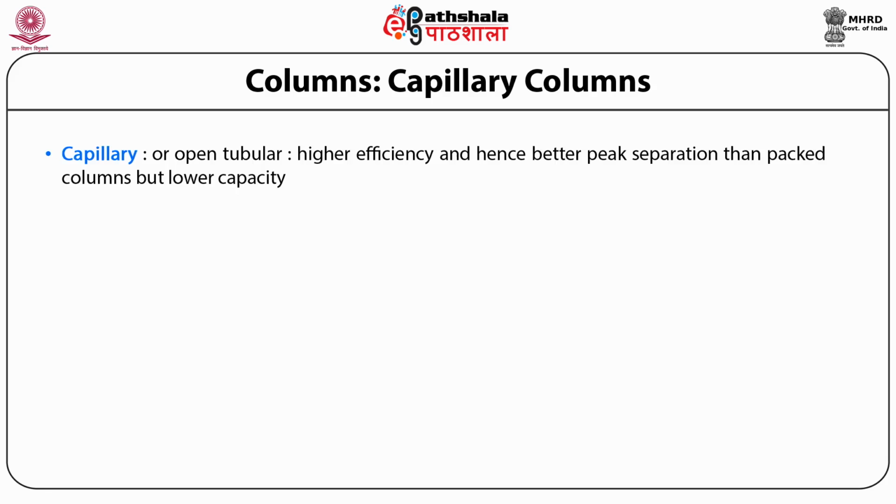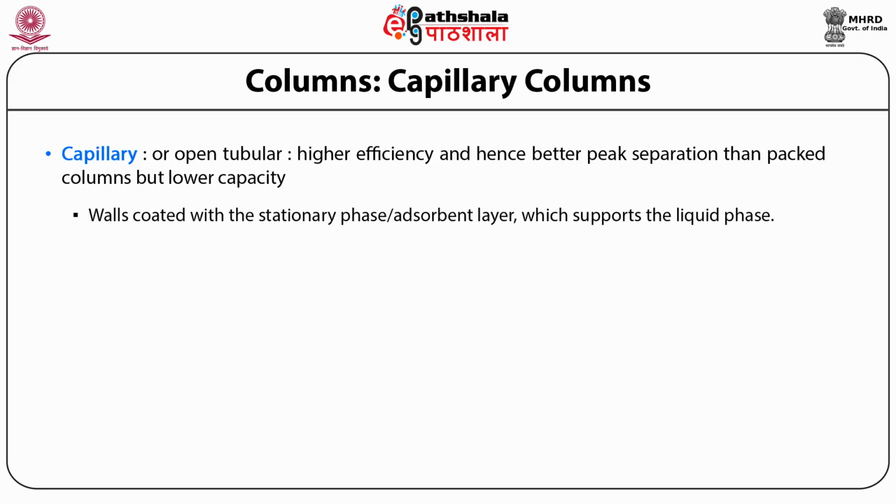So typically a packed column can take any volumes from between 1/10 of a microliter to up to 20 microliters. However, capillary columns typically only take up a few microliters or even much less volumes than that. In a capillary column, the walls are coated with the stationary phase or the adsorbent layer, which supports the liquid phase. So the liquid doesn't really look like a liquid.